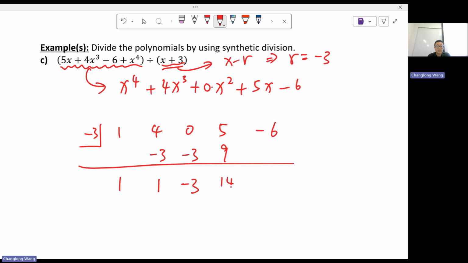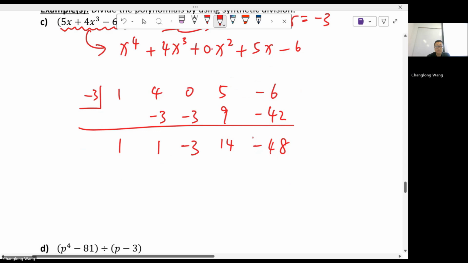Add to be 14. Coming back up, 14 times negative 3, negative 42, add up to be negative 48. Okay. This is the remainder.